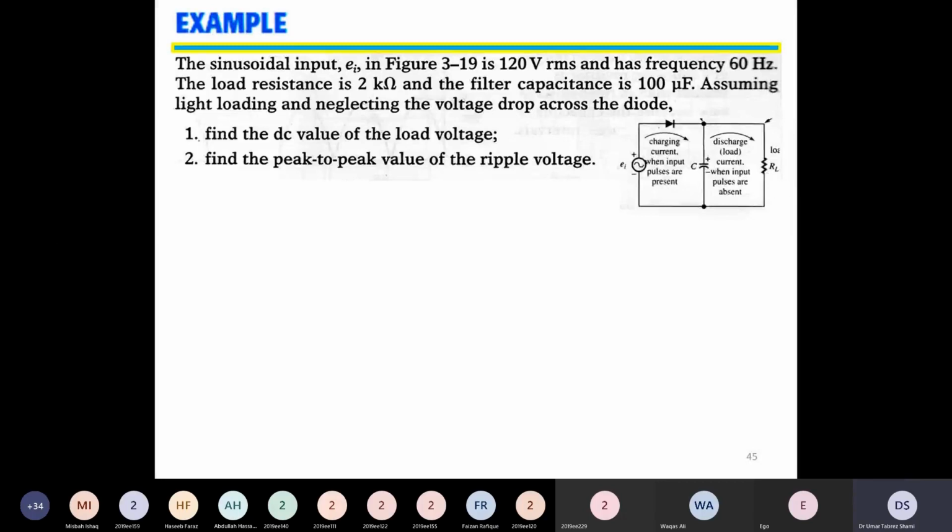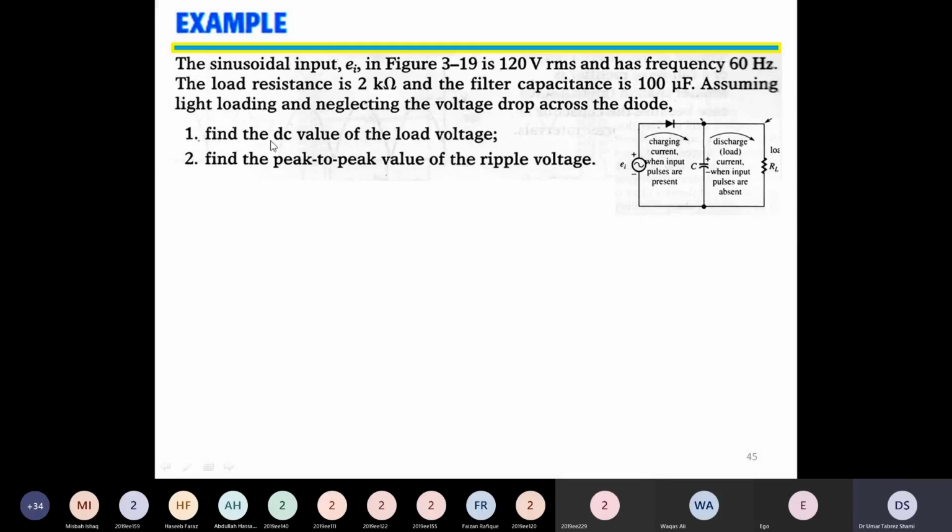Here we have the circuit diagram of figure 3.19. The voltage supplied is 120 volt VRMS, and the frequency is 60 Hz. The value of resistance RL is 2 kilo ohms and the value of capacitance C is 100 microfarad.